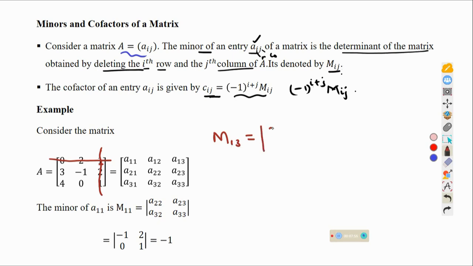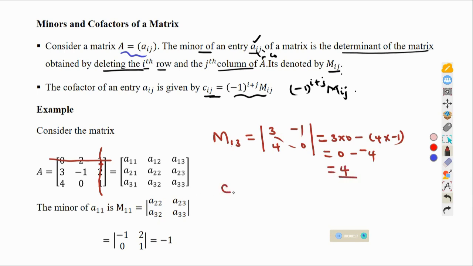Get the determinant of the remaining 3, 4, negative 1, 0. When you do that, get the determinant as usual: 3 times 0 minus 4 times negative 1. What do you get? This is 0 minus 4, and this will give us a 4.